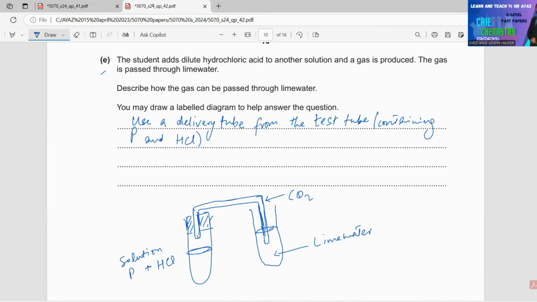Now bubble the gas, or pass the gas, through lime water.